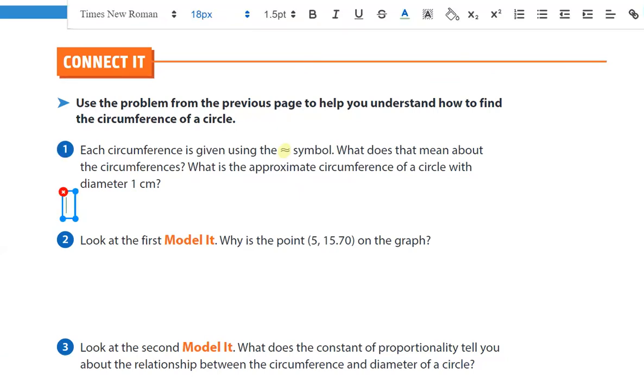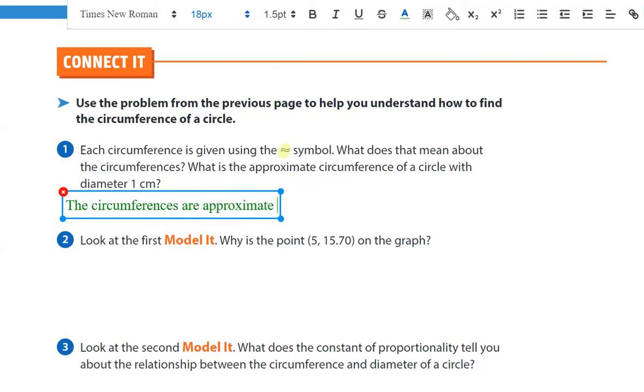Let's see, how can we phrase that in writing? Because we can't write all my blah blah blah. The circumferences are approximate because we rounded pi to 3.14.